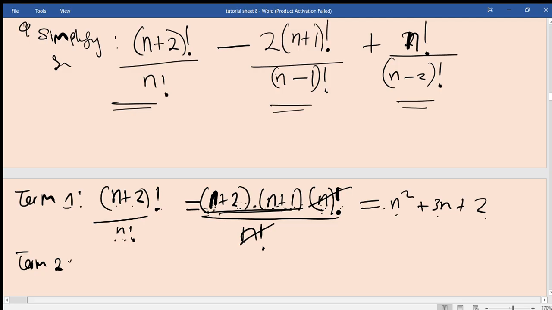which is this part, we also do the same. What am I going to have? I have the part which is 2 open brackets n plus 1 factorial divided by n minus 1 factorial. So how do I simplify that one?